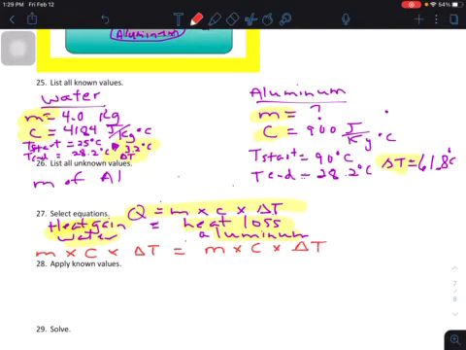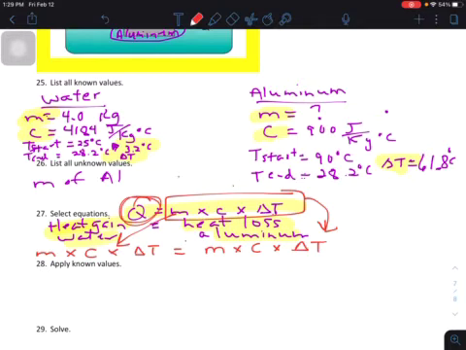It's like saying Q equals Q, and here's the equation to find Q. So we just use that equation there for the heat lost and there for the heat gained.